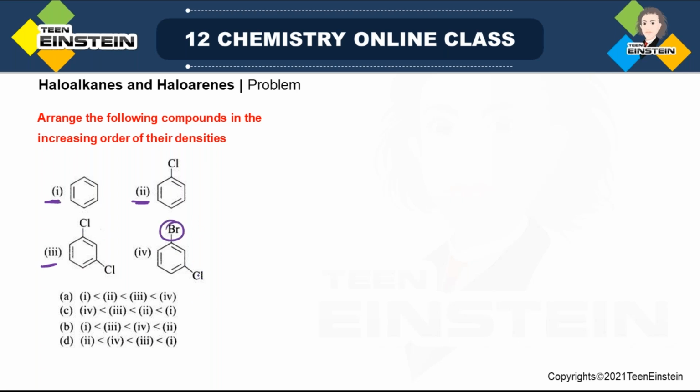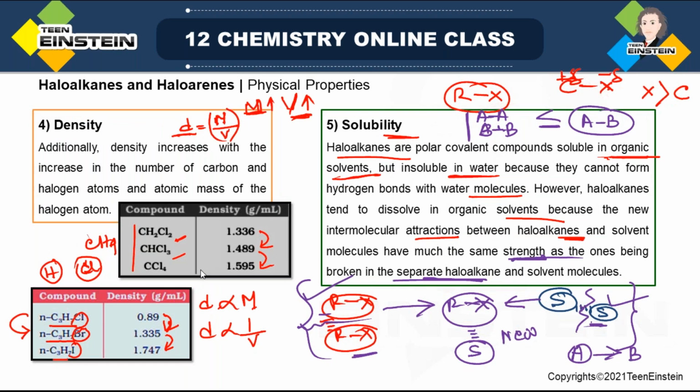That means this is also dihalo, but now one halogen is Br, another halogen is chlorine. And what we have seen when we discussed density trend, remember in the last slide, look at the first table: when there is 2 chlorine and then you are moving to 3 chlorine and then 4 chlorine, that is, when the number of halogens is increasing, density is increasing.